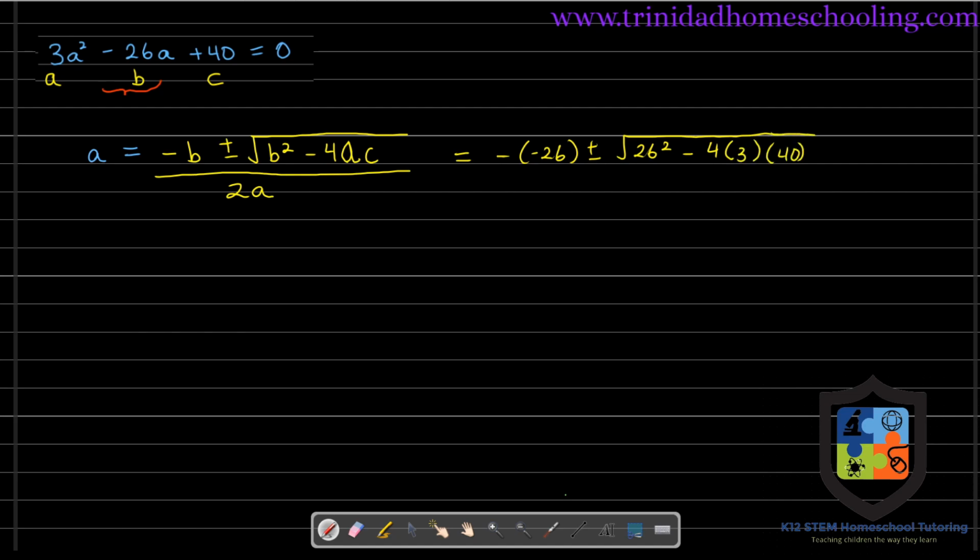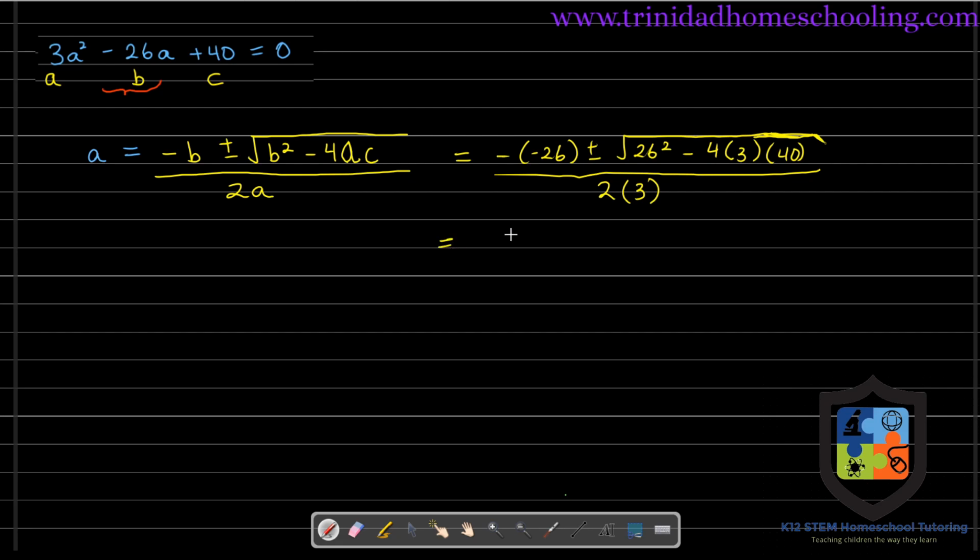Now all this over 2 multiplied by the a, which is 3. A common mistake I see students making is that the square root sign does not go over just part of this. It needs to go over all this working here, and your vinculum needs to go under this entire numerator. Be careful with that.